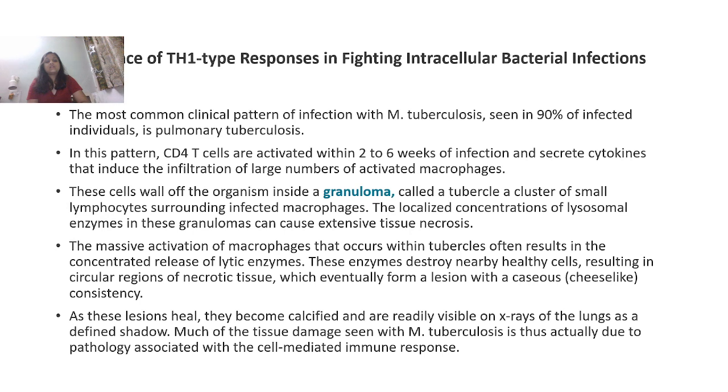These enzymes destroy the nearby healthy cells, resulting in circular regions of necrotic tissue, which eventually form a lesion with a cheese-like consistency. After these lesions heal, they become calcified and can be readily visible on X-ray as a defined shadow.